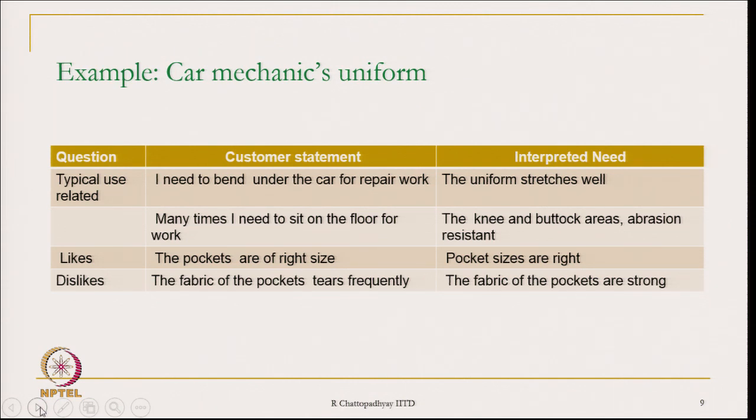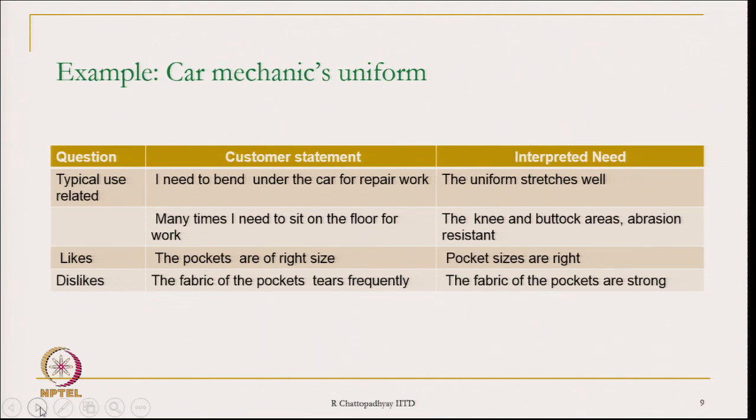So, this is another statement he makes, and therefore, the interpreted need would be that the knee and buttock areas should be abrasion resistant. The knee and buttock areas of the garment or the uniform should be abrasion resistant.